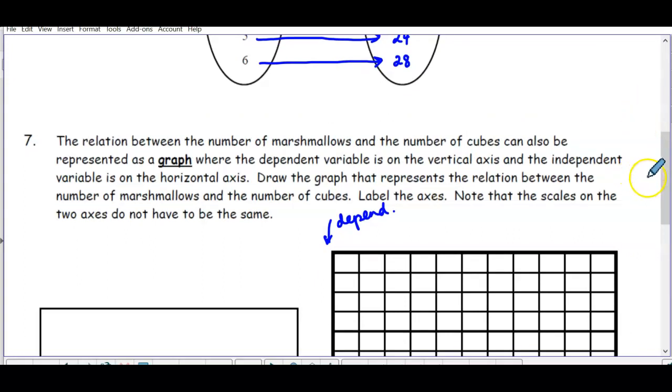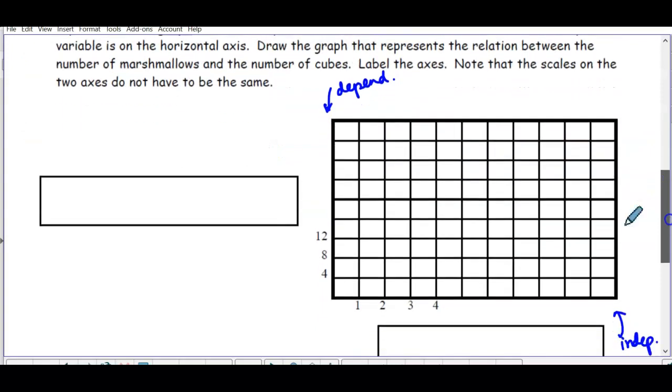Draw the graph that represents the relation between the number of marshmallows, number of cubes. Label the axes. Note that the scales on the two axes do not have to be the same, but they have to be equally spaced within each. So here we're going to go up by 1s for our domain, but we're going to go up by 4s for our range, as long as we're consistently going up by 4s.